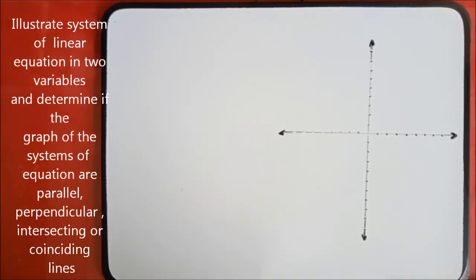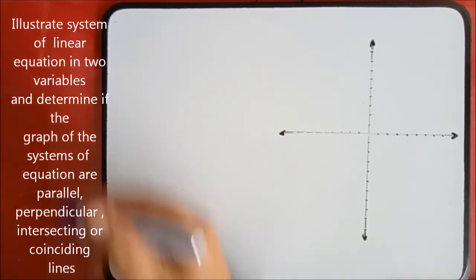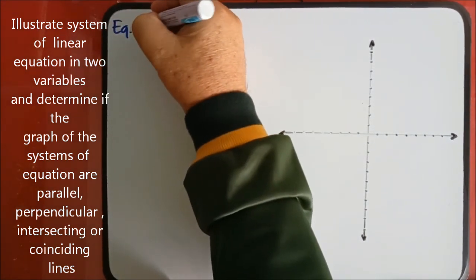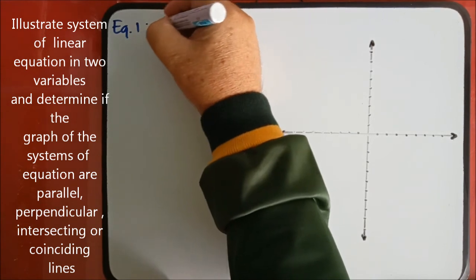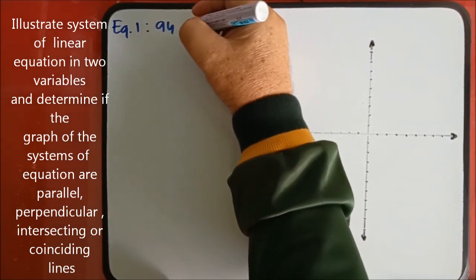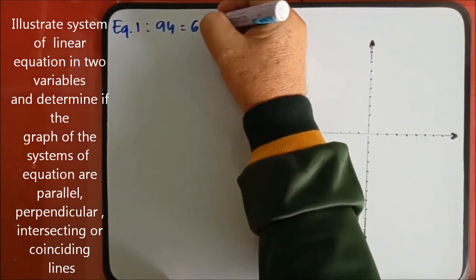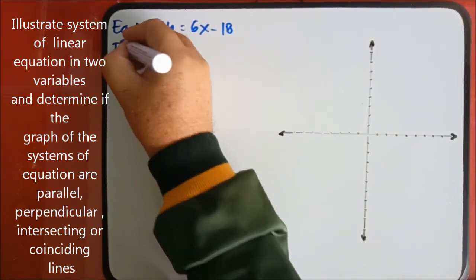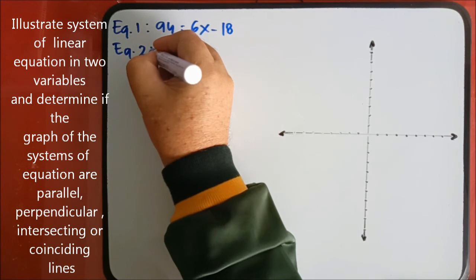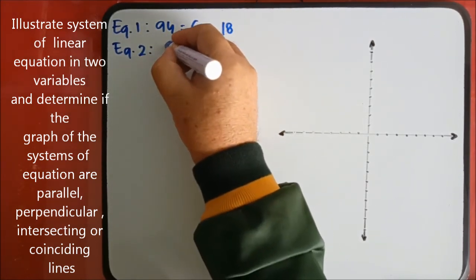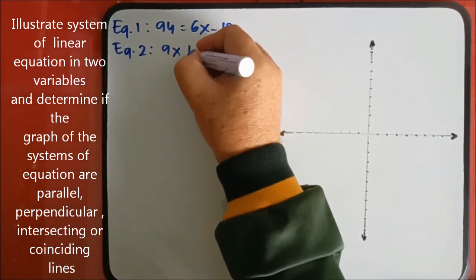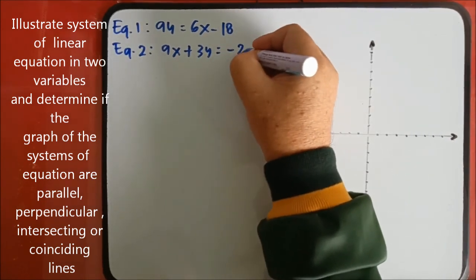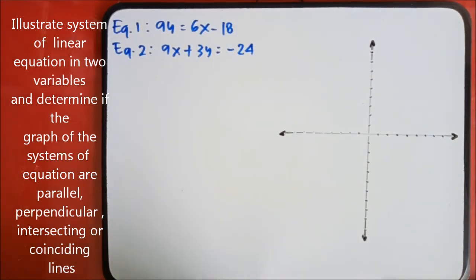So, let's try another one. Equation number 1 is 9y is equal to 6x minus 18. Equation 2 is 9x plus 3y is equal to negative 24.